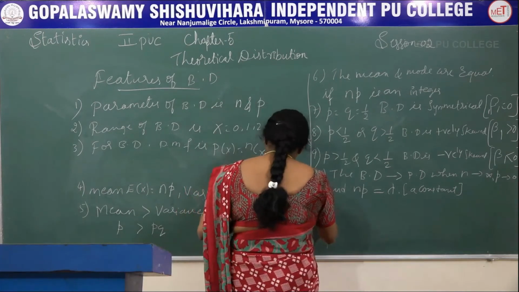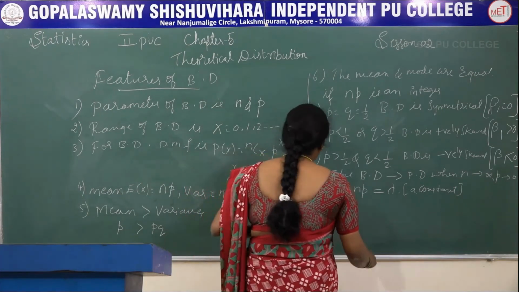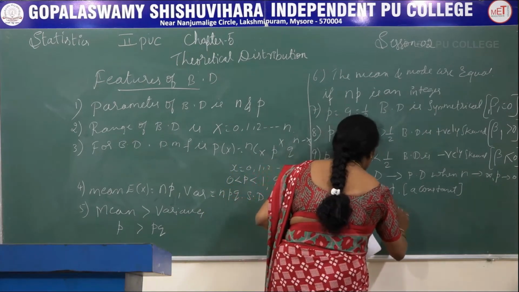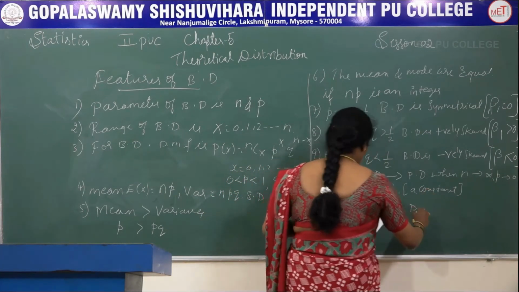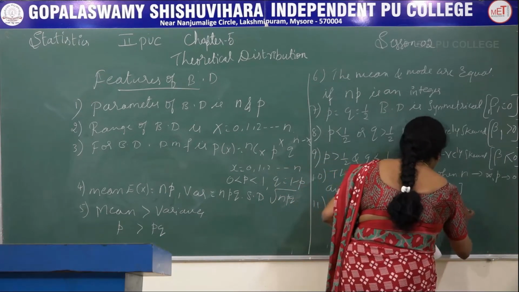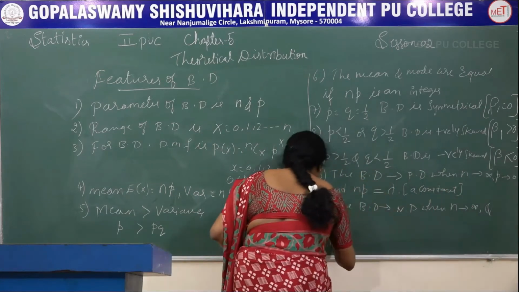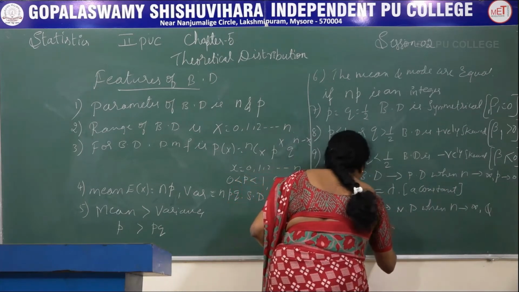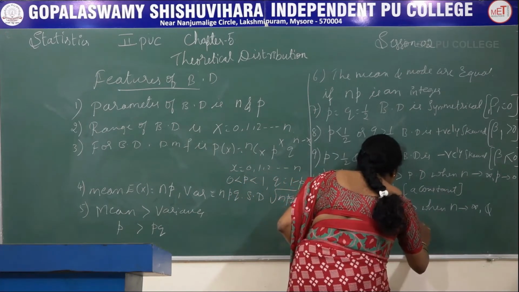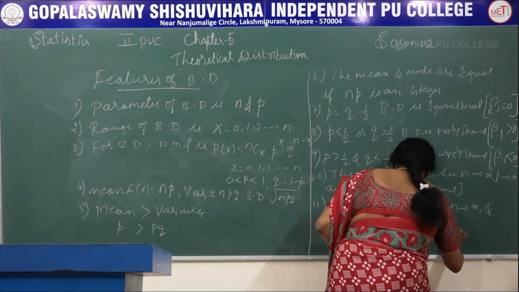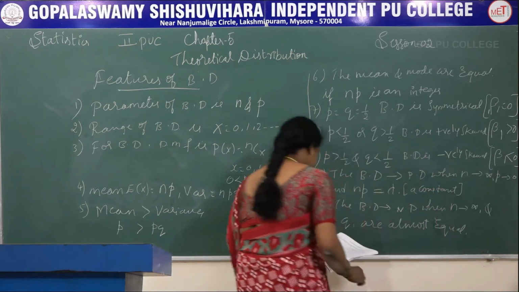And the last property is the binomial distribution tends to normal distribution. The binomial distribution tends to normal distribution when n goes to infinity and p, q are almost equal.